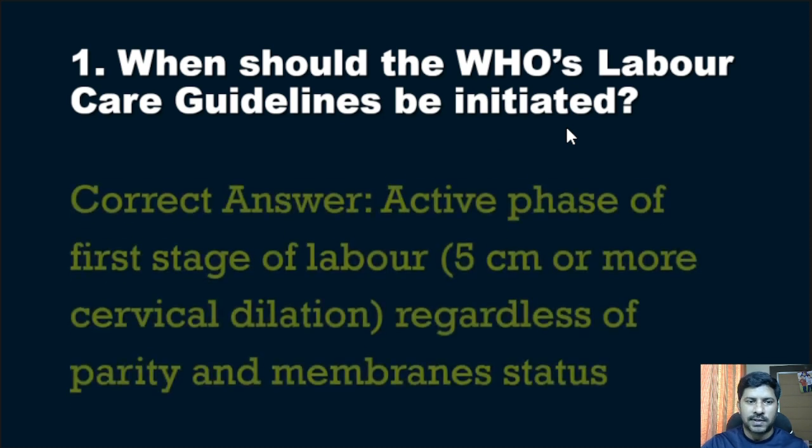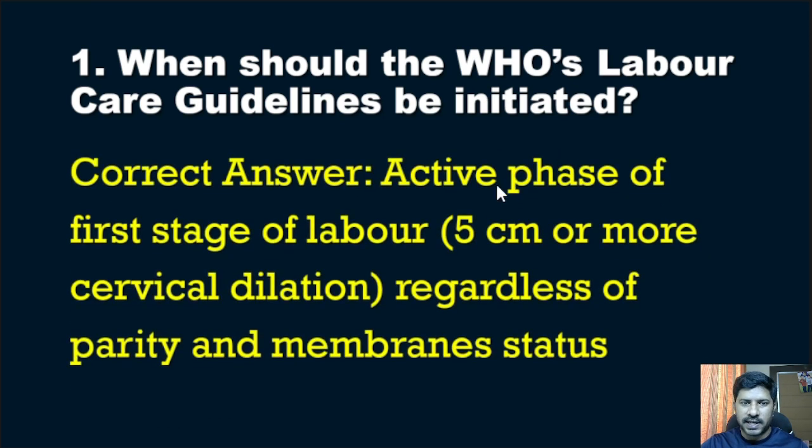The correct answer is that it should be initiated during the active phase of the first stage of labor, that is 5 cm or more cervical dilation regardless of parity and membrane status. So WHO's labor care guidelines is to be initiated during the active phase of the first stage of labor, that is 5 cm or more cervical dilation.